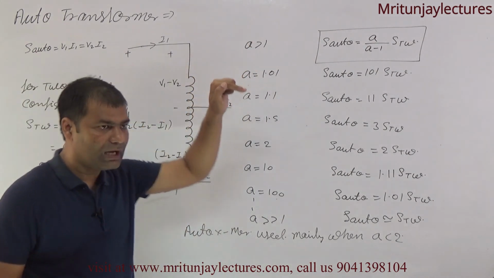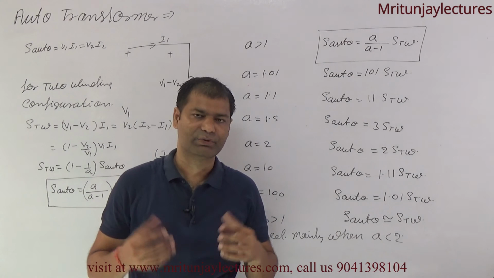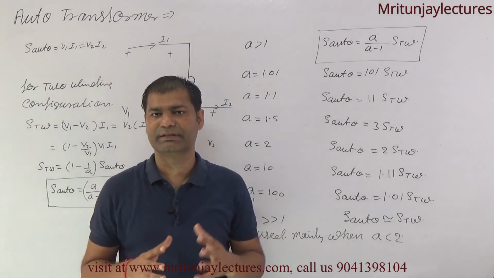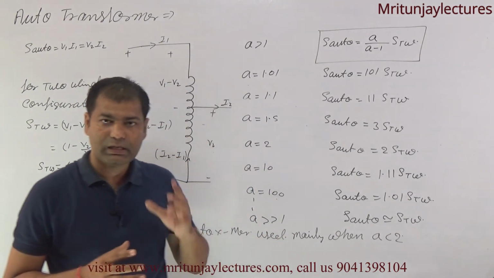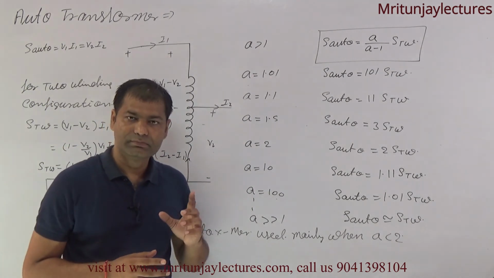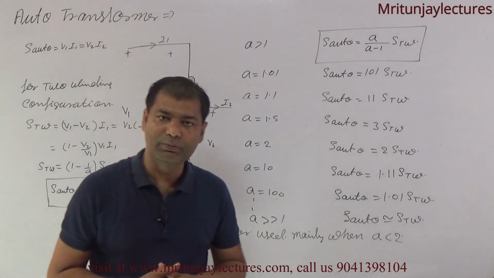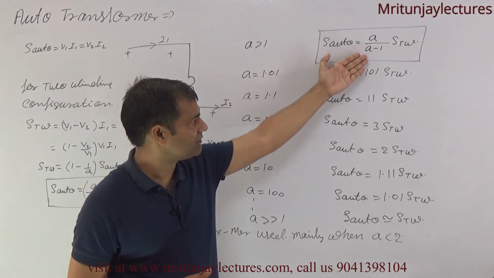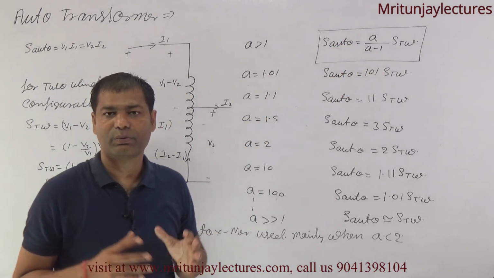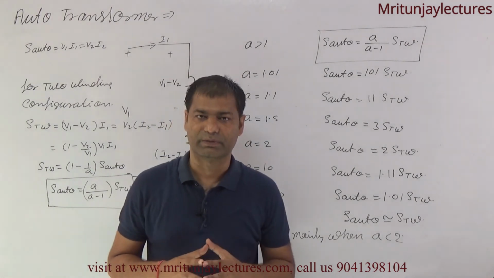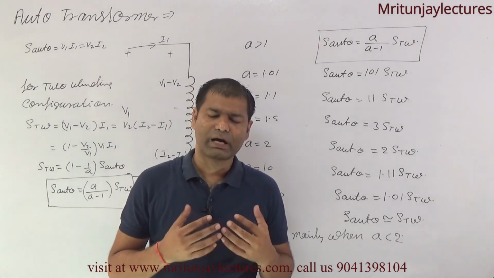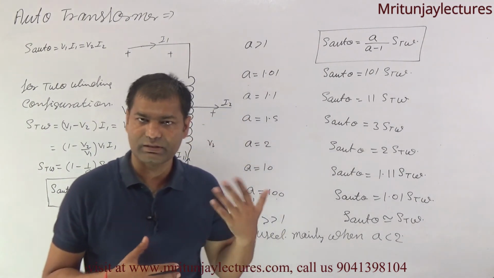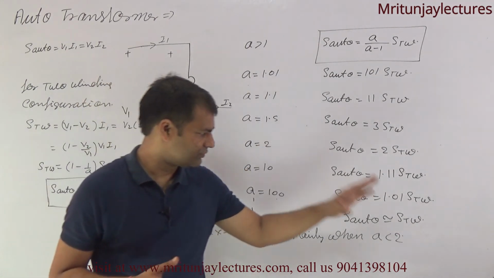A means higher voltage divided by lower voltage, whether primary side or secondary side voltage. Put the values in this formula and find the rating of the auto transformer. I will discuss more questions in the next lecture, so first of all make it.